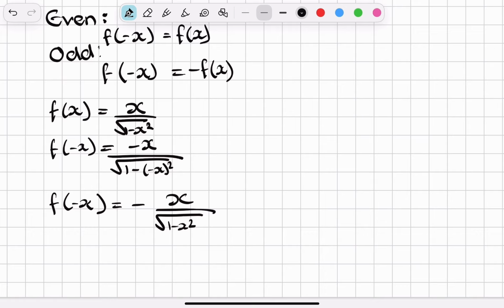And we know that we've got f of x here, so this whole part is minus f of x. Therefore, f of x is an odd function.